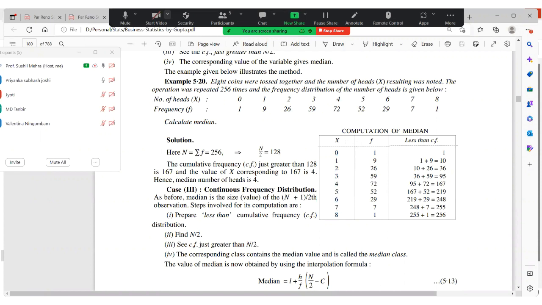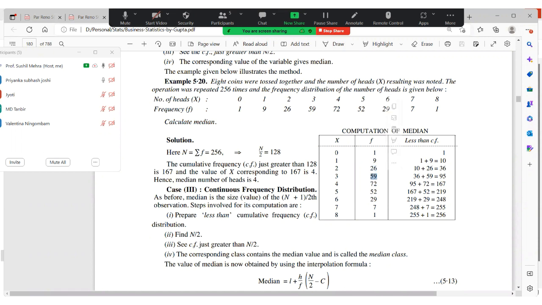Now, in this grouped distribution, arrange in ascending order, then find the cumulative frequency, which we have already discussed. How do we find the cumulative frequency? The first one is 1 as it is, then 1 plus 9 is 10, then 10 plus 26 is 36, then 36 plus 59 is 95, and so on.